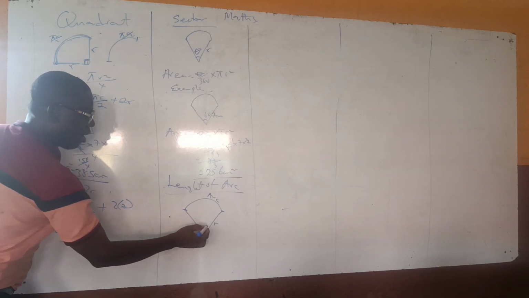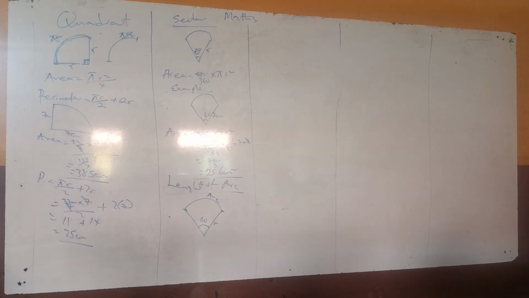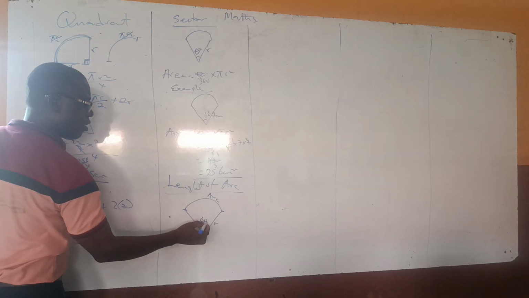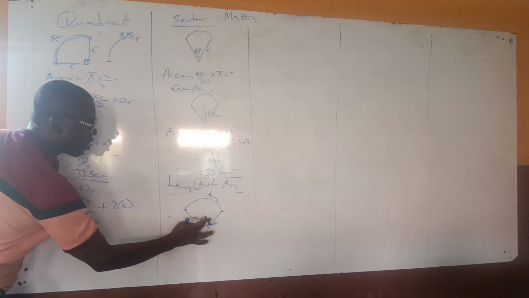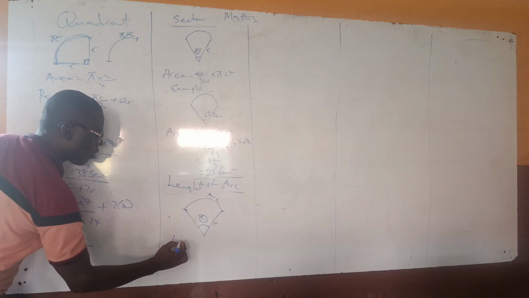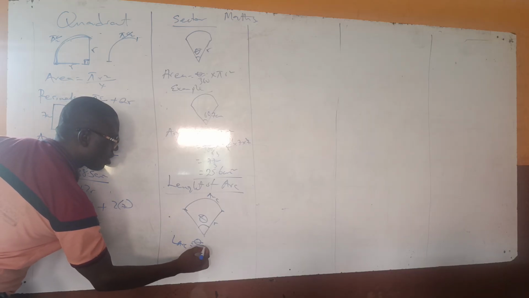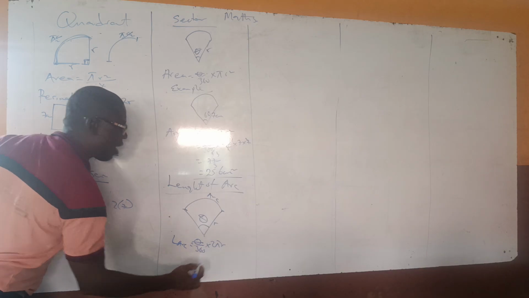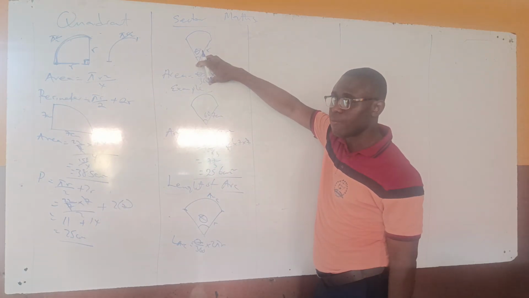Okay? So the length of arc is what? The formula is, let's call it this theta. The length of arc is theta over 360 times 2 pi r. Now take note, we are finding area, okay?